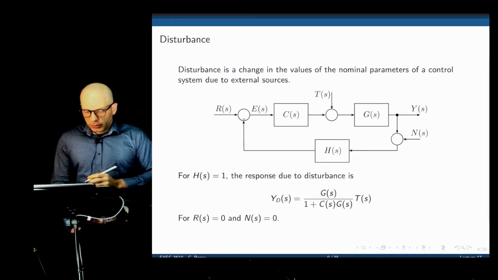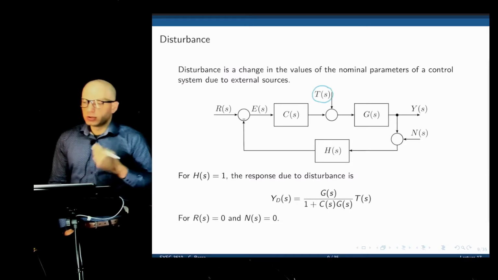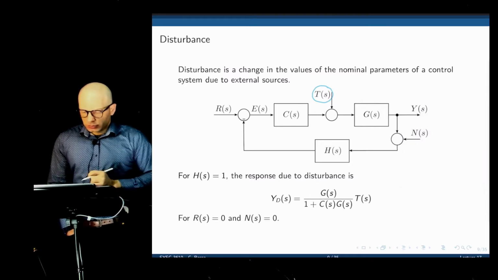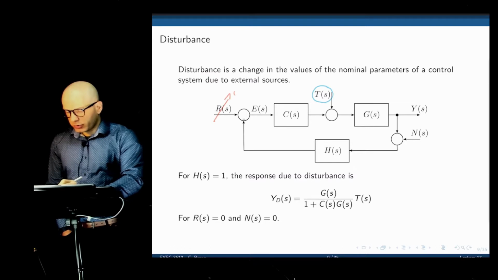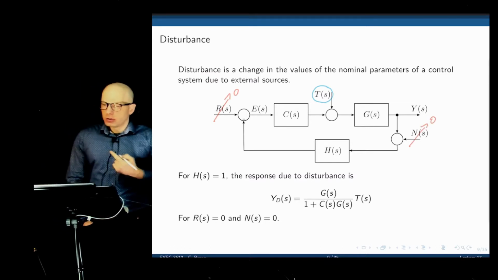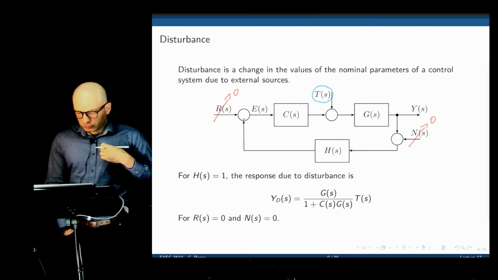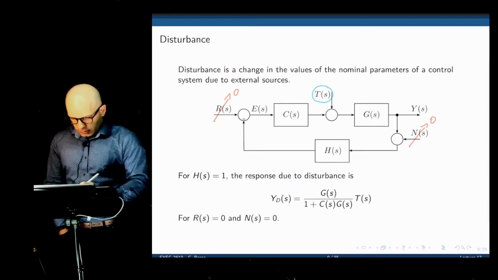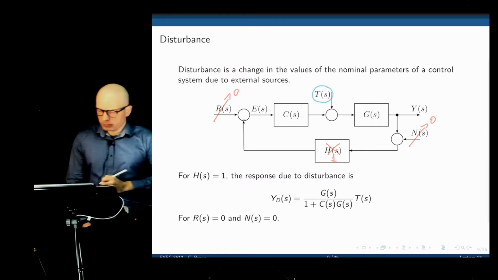Let's start with the disturbance itself, the signal external to the system that cannot be modeled. To evaluate it, set all other inputs to 0. Rework the block diagram to have T of S as the input, and for simplicity, neglect this block and assume that it is 1.